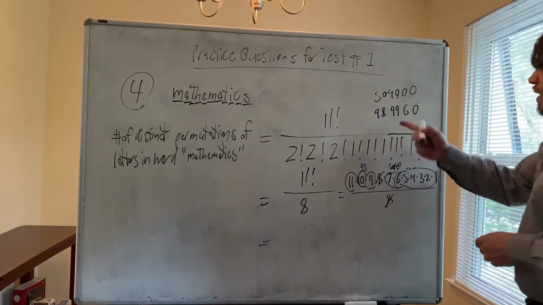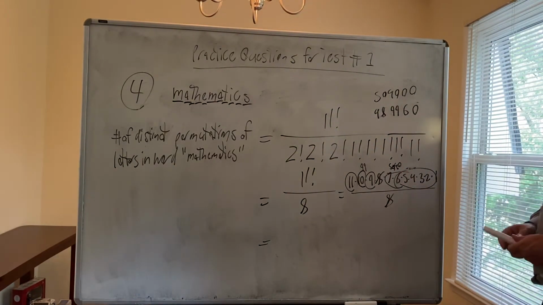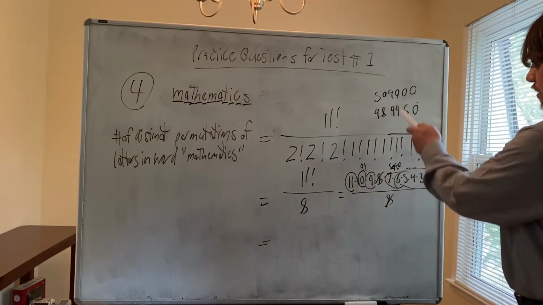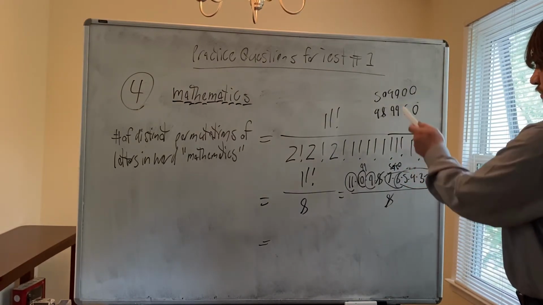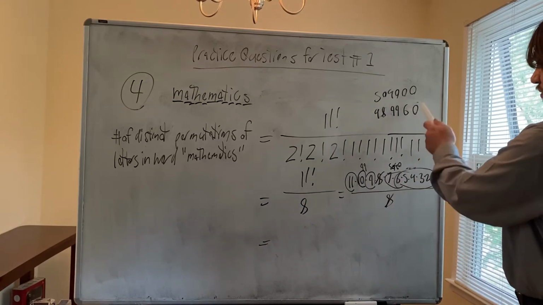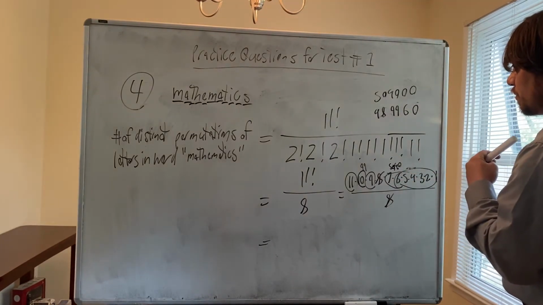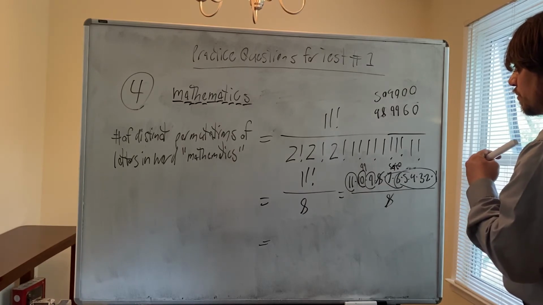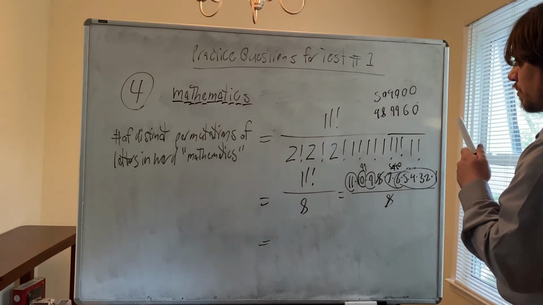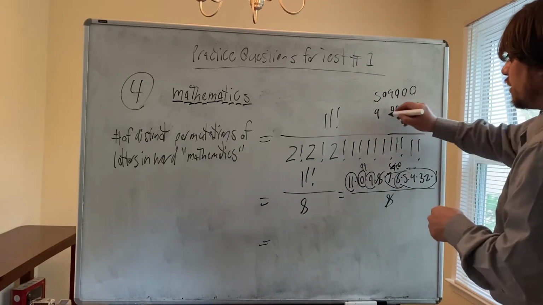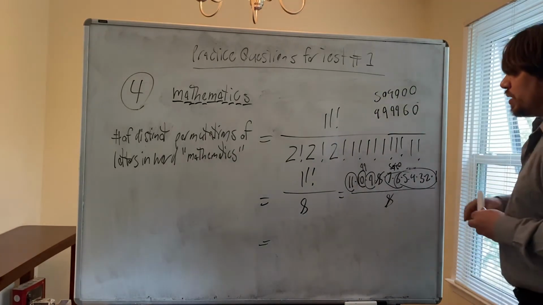So you get 489,960. That would be times 100 minus 5,040. Wait, that's 40. Sorry. It's 1,040.